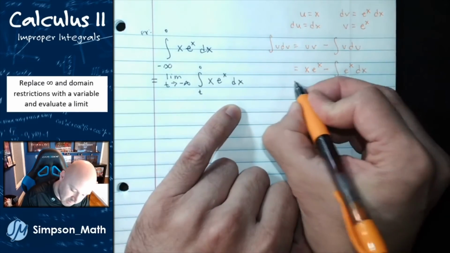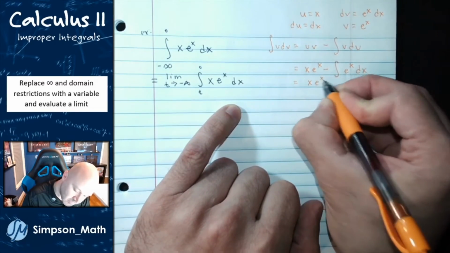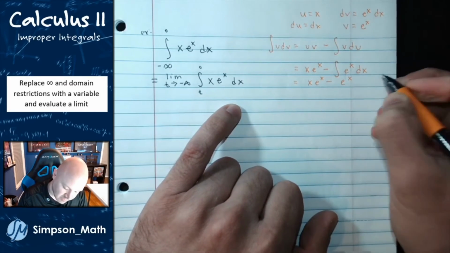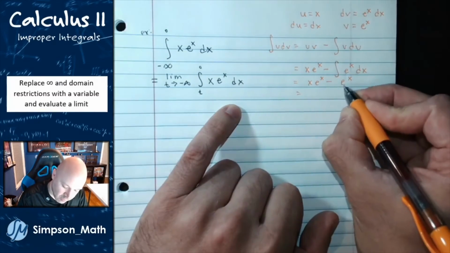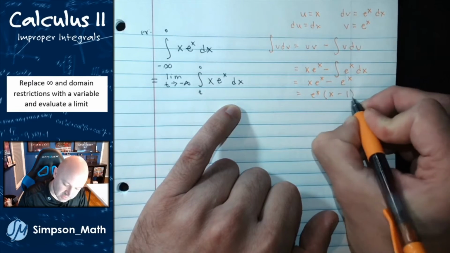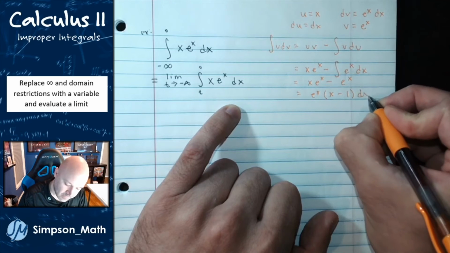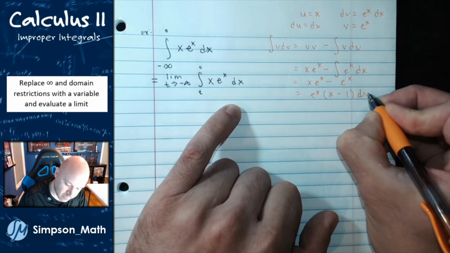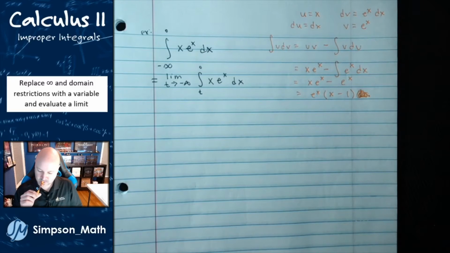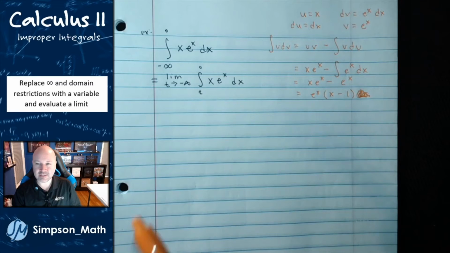And yes, I can integrate that. The integral of e to the x is, we just said, e to the x. I could even pull out an e to the x to factor this. I don't have to worry about a plus c because I'm about to have some limits.